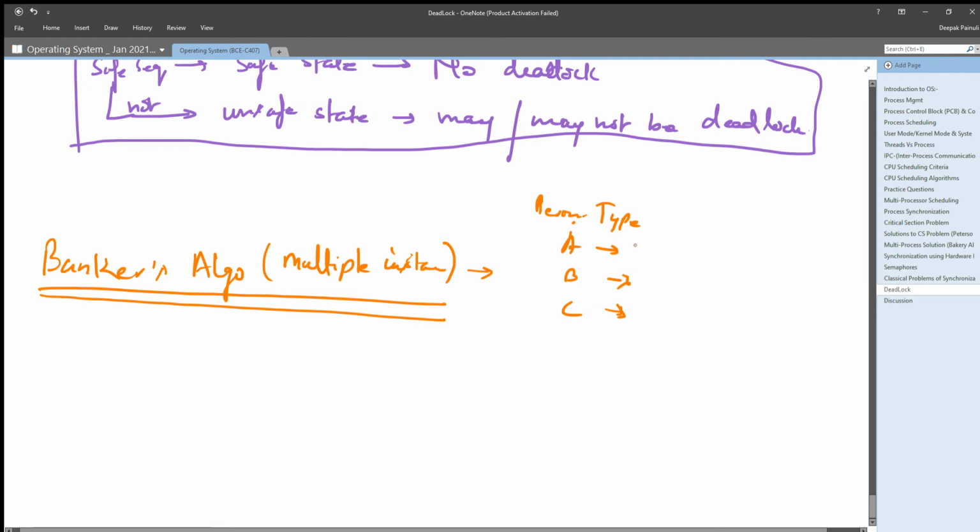And if we have 10 instances of A, 5 instances of B, and 7 instances of C, that means we have multiple instances of the same resource type in the system. Then we will use Banker's algorithm for deadlock avoidance, right?